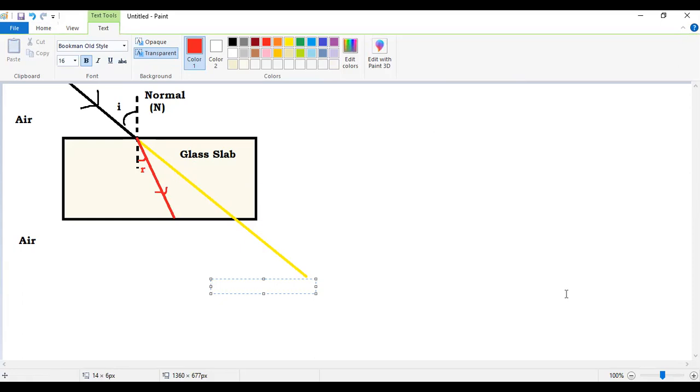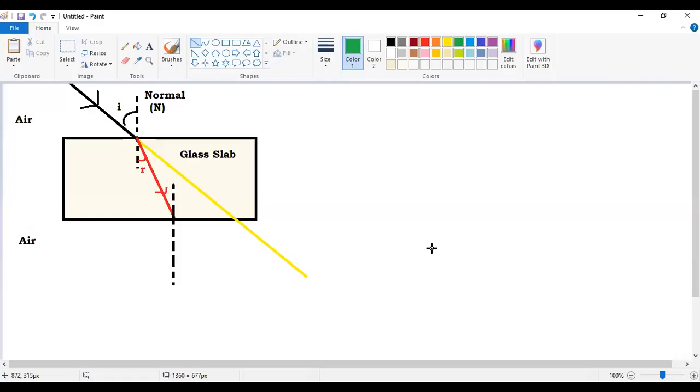The angle between normal and refracted ray is angle of refraction. Now students, when this refracted ray reaches the other part of the glass slab, again this red colored light has to travel from glass to air, that is from denser to rarer medium, and thus the light will move away from the normal.